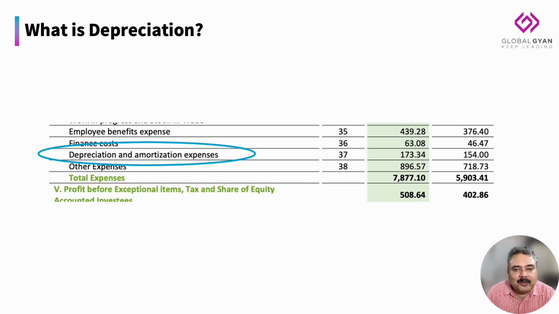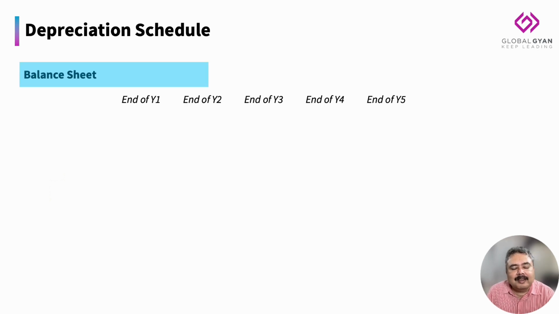The difference between depreciation and amortization is that depreciation is used for tangible items and amortization is used for intangible assets, right? So assets like software or intellectual property would be amortized and assets like factory and machines and computers would be depreciated. So what does it mean?